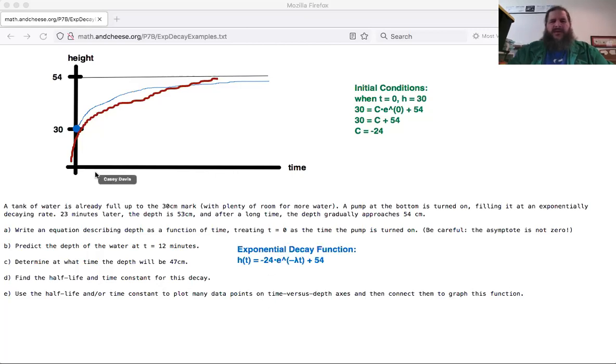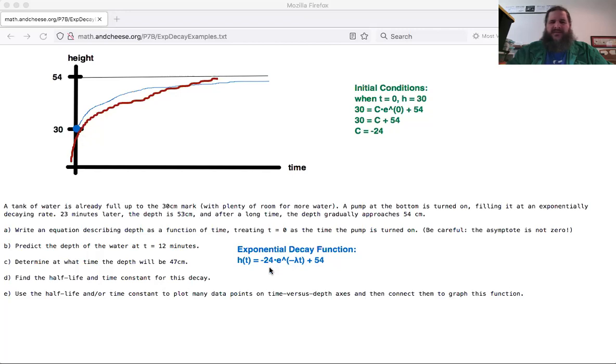And what's important about that on the graph? What does negative 24 signify on the graph itself? I mean, the starting value was 30.